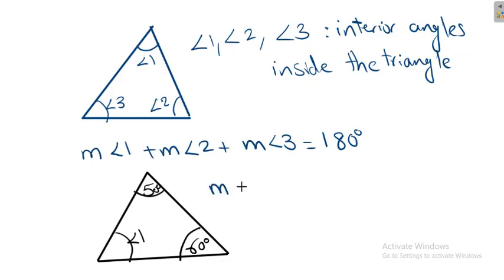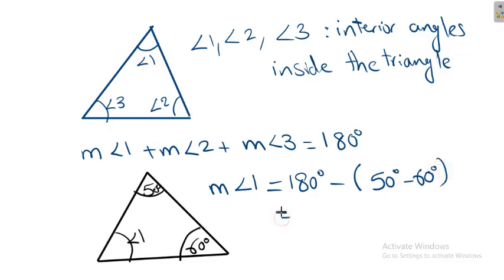Measure of angle 1 equals 180 minus (50 plus 60). Why? Because the measures of these three angles add up to 180. Two of them we know, and together they are 110. So the third will be 180 minus 110. It will be 70 degrees.